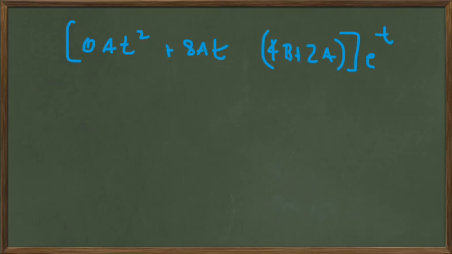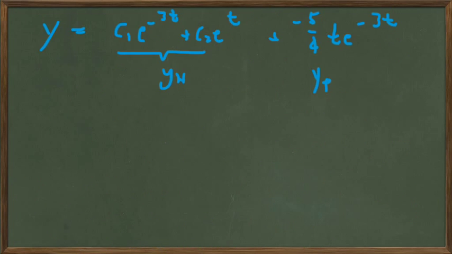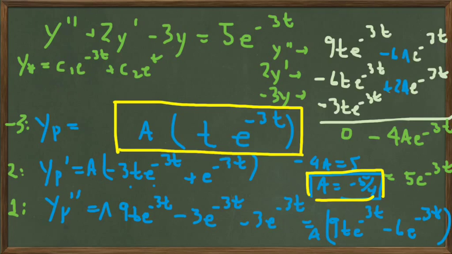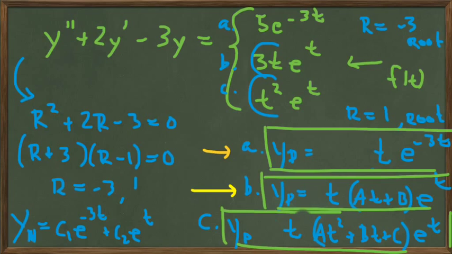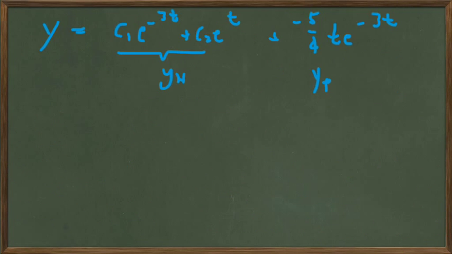times e to the t, and we were setting that equal to the right-hand side, and the right-hand side in that case was what? 3t e to the t.